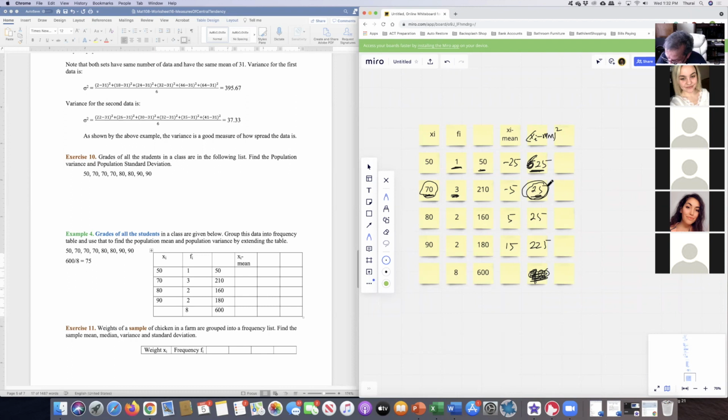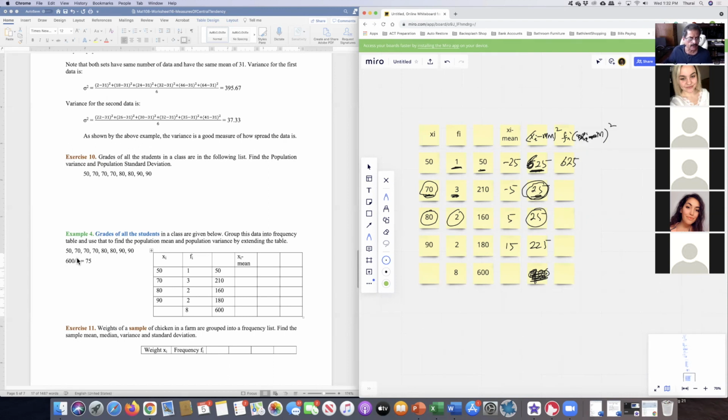Similarly, the data 80 is repeated 2 times, so this number is repeated 2 times. So basically I need to do fi times xi minus mean squared. Each number we found should be multiplied by the frequency. You understand what I mean, right?